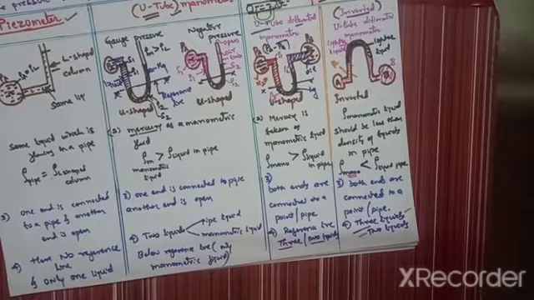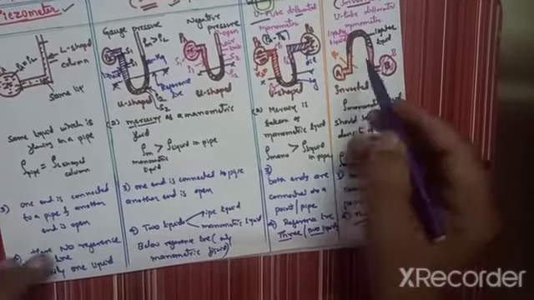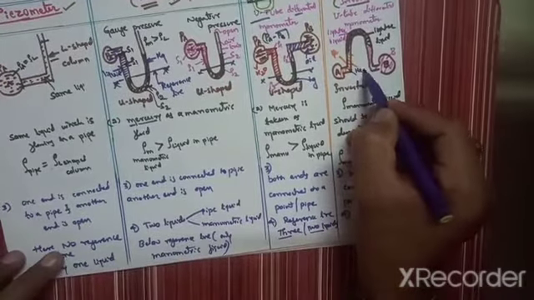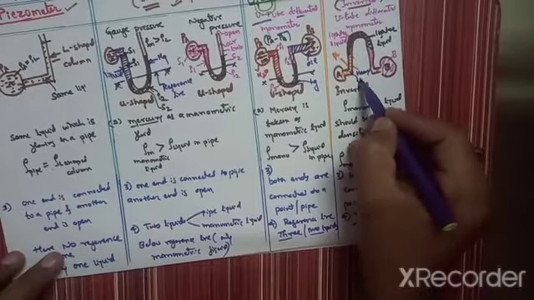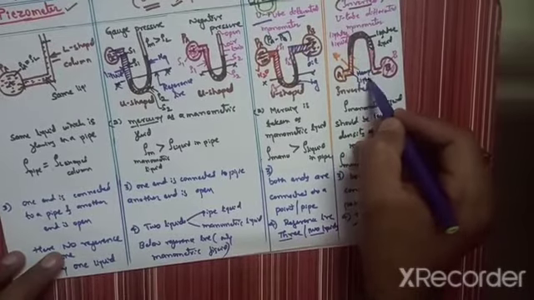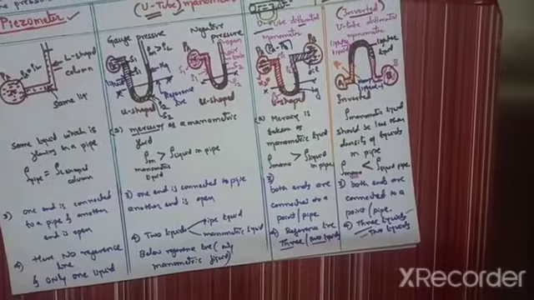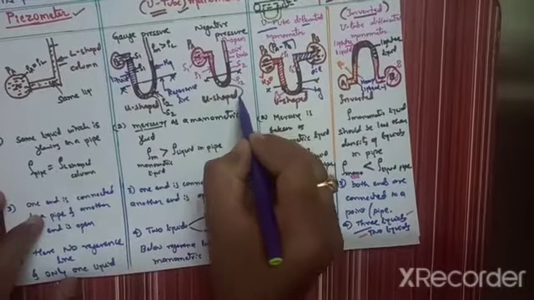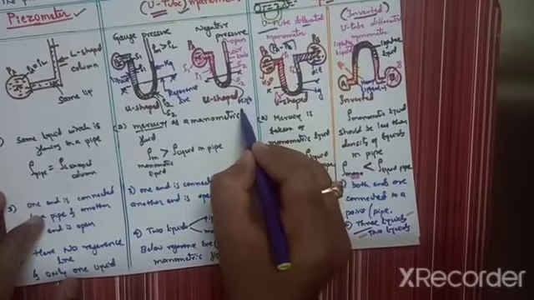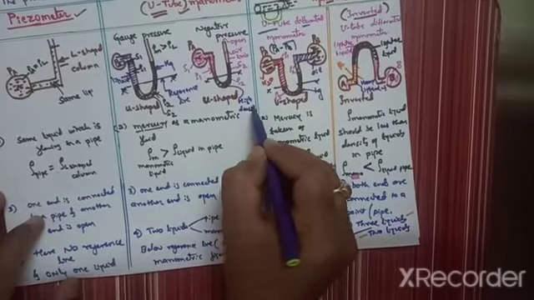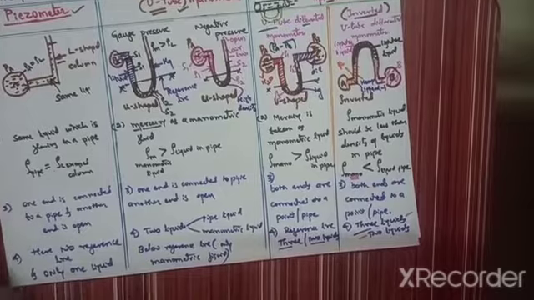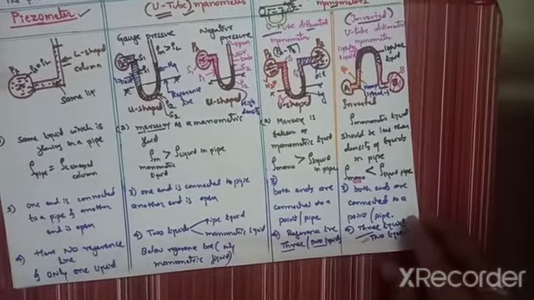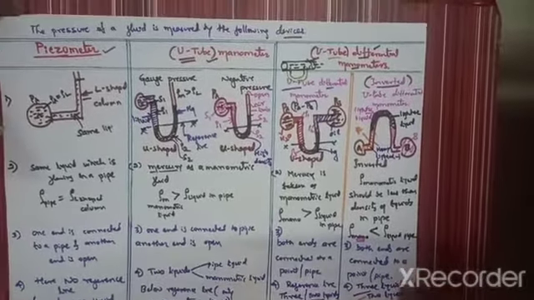And in the pipes there must be heavy liquids, meaning denser liquids, high density fluids. Almost all manometers use liquids only, depending upon the applications.